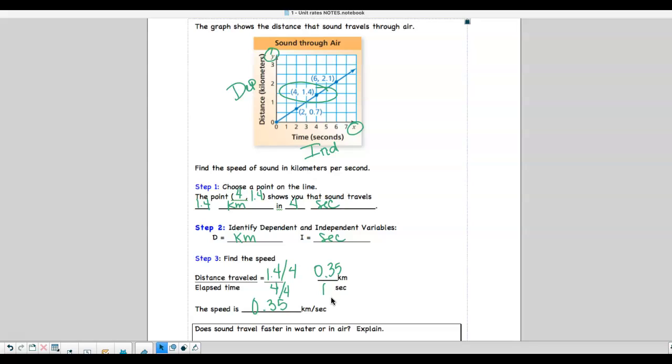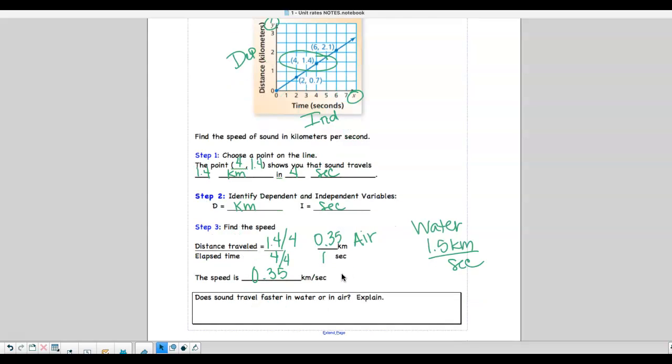Where does sound travel faster? In air, it was 0.35. Remember, water was 1.5 kilometers per second. Which is faster? Brayden. Water.